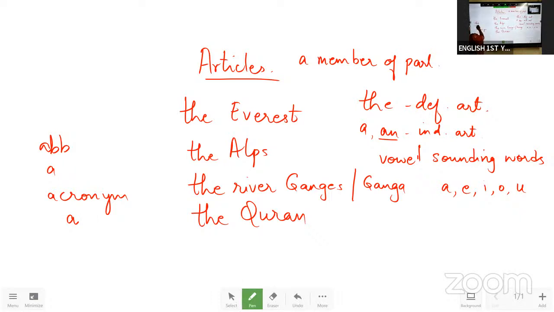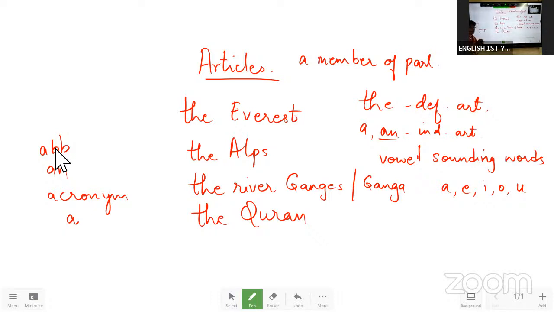Before an acronym, it is A. Before an abbreviation, it is an. Be it a consonant, you still use an before it.